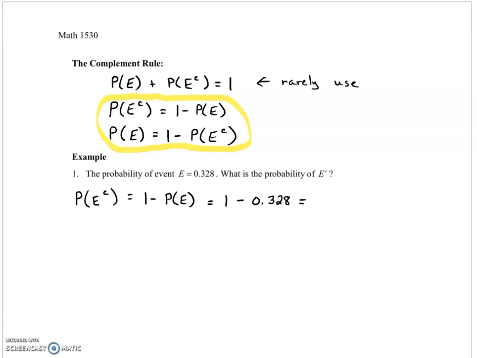And so all we have to do is crunch the numbers, and we get the probability of the complement then is 0.672.